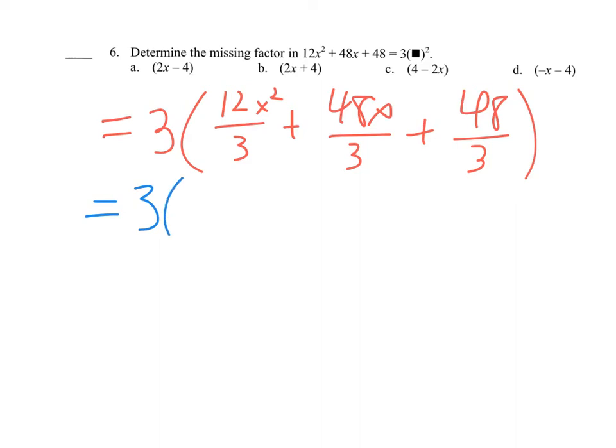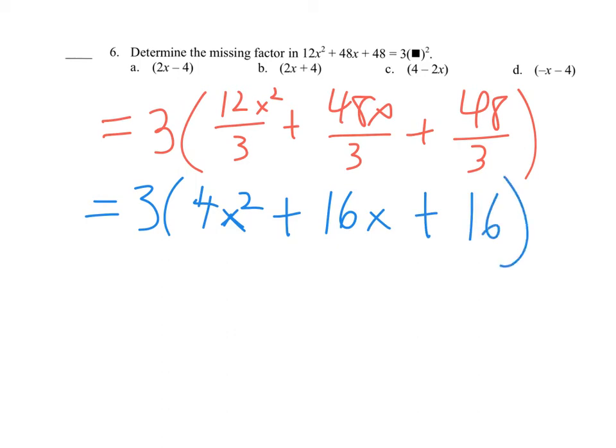The resulting quotient is 4x squared plus 16x plus 16.